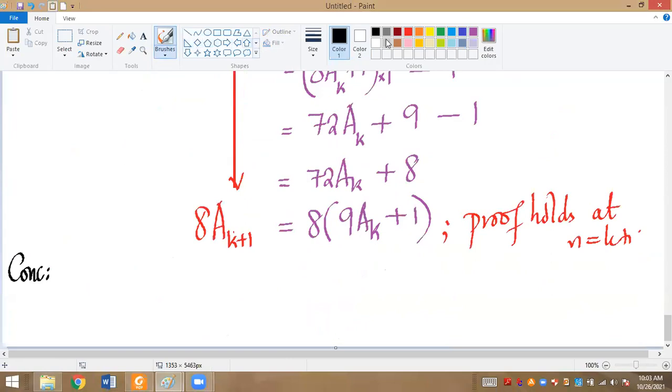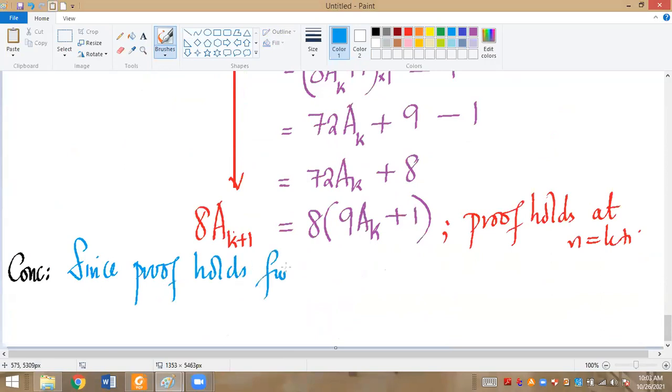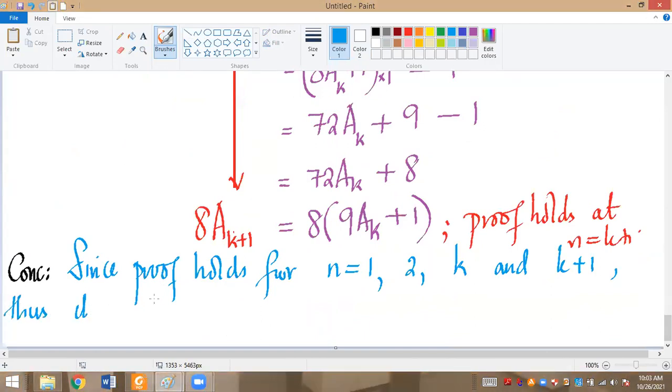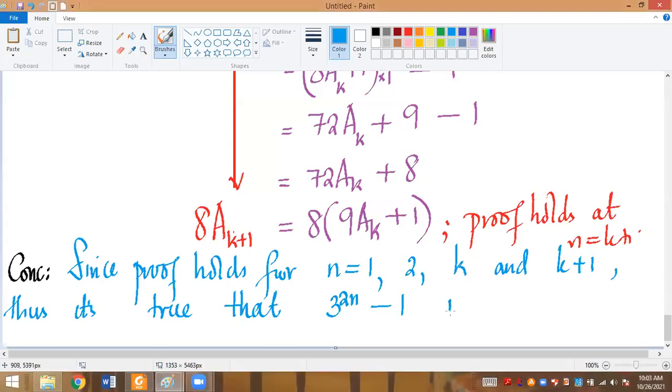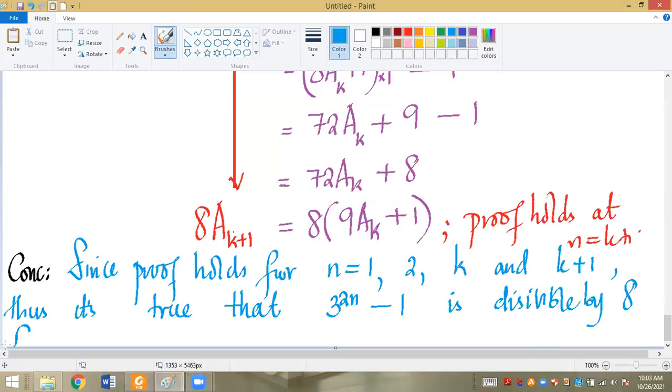Okay. So in conclusion here, you again say the same statement: since it is true for n equal to 1, true for k and k plus 1, thus it is true that 3 to power 2n minus 1 is always divisible by 8 for all natural numbers n.